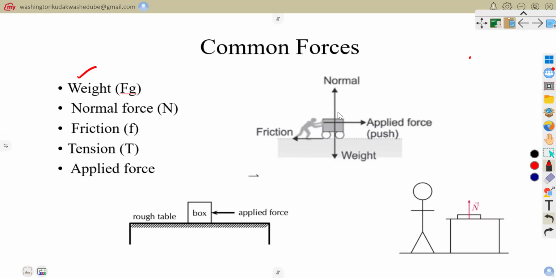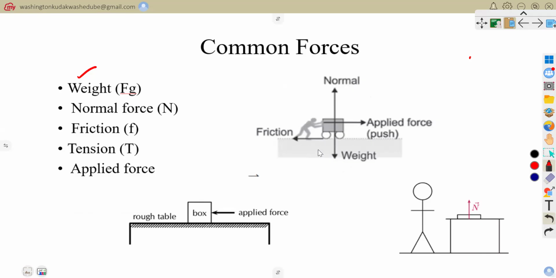It is usually directed upwards. At some point in time, it can be directed in a slanting direction. It depends on how the object is oriented. And then when it comes to weight, our gravitational force is always directed downwards.